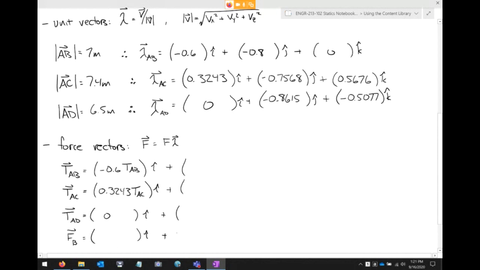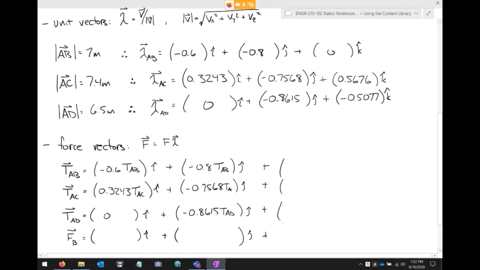Then we start doing our J component. So we have negative 0.7568, negative 0.8615. But don't forget your constant, TAC, TAD, J, plus 0.